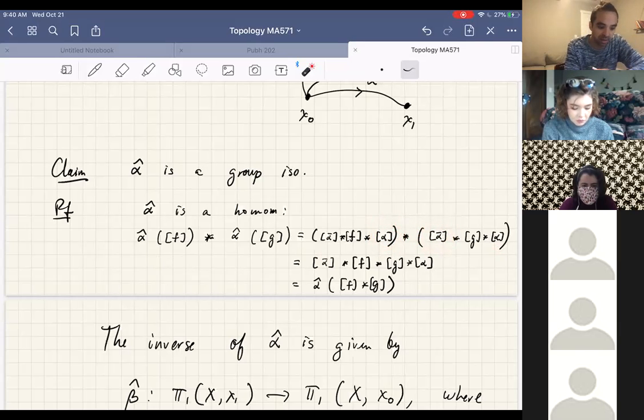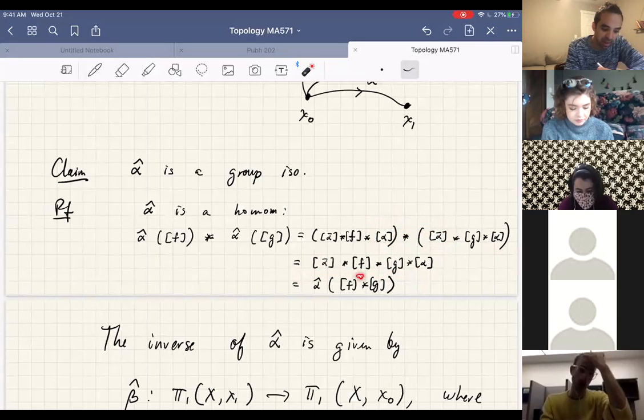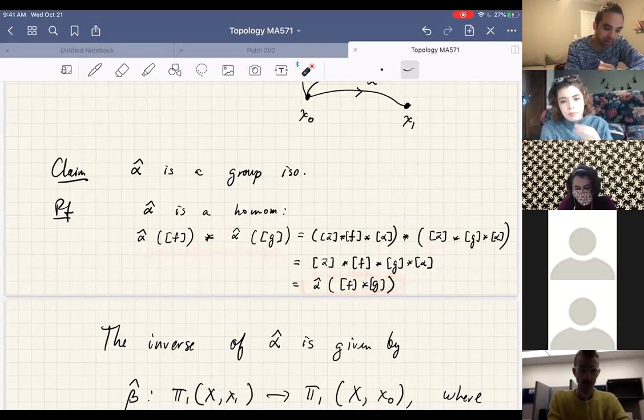They give you the identity because this is the inverse of alpha in this group. So that cancels, and I get that. But this is exactly conjugating f star g with alpha, which is that. So we just showed that alpha hat is a homomorphism of groups. It's compatible with the multiplication.